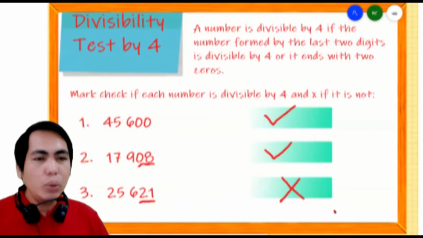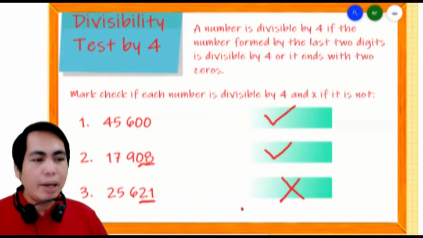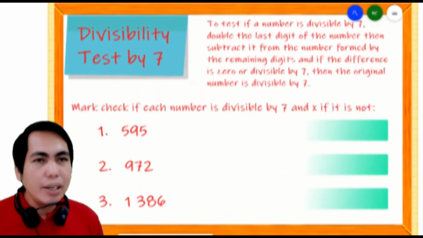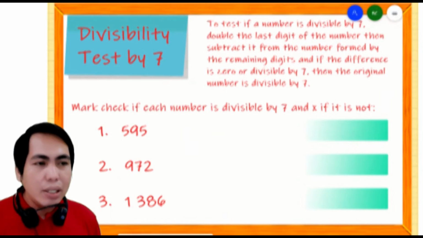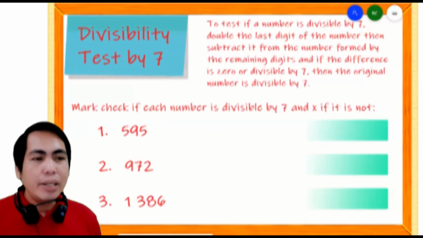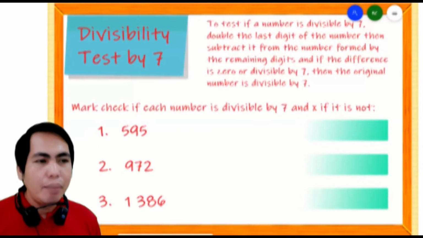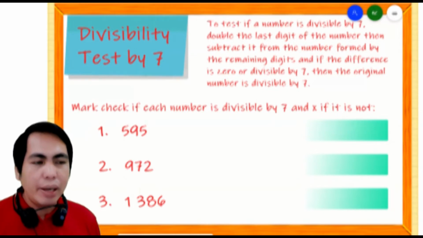Let's proceed to the divisibility test by 7. It says here, to test if a number is divisible by 7, double the last digit of the number, then subtract it from the number formed by the remaining digits, and if the difference is 0 or divisible by 7, then the original number is divisible by 7.